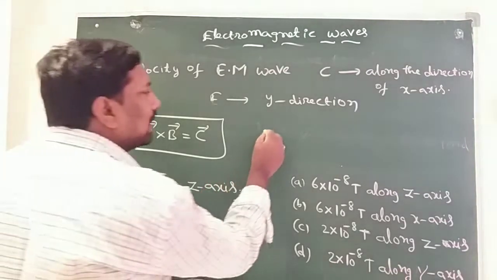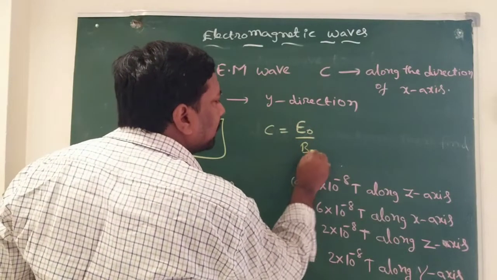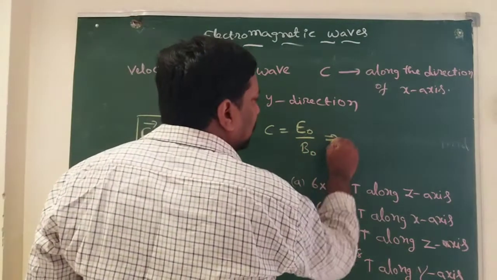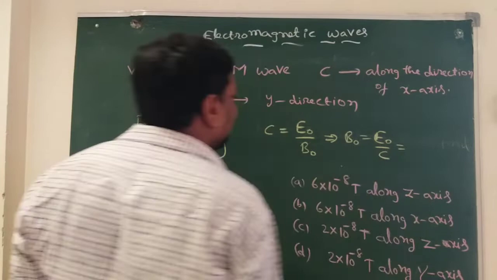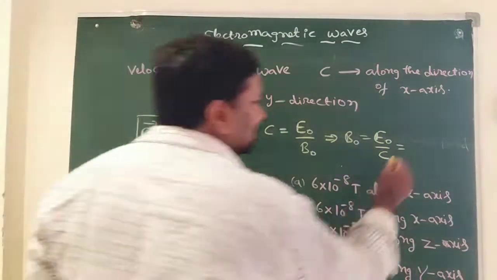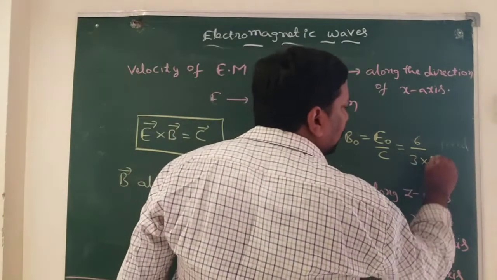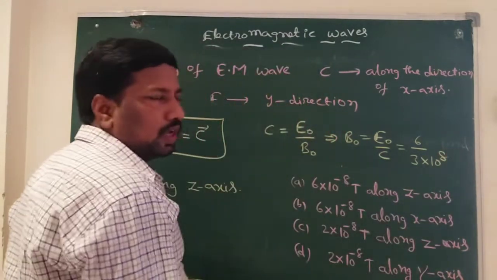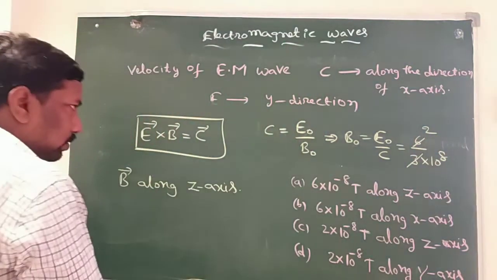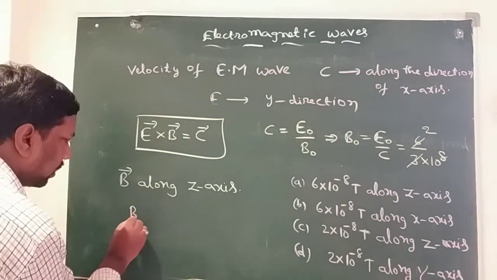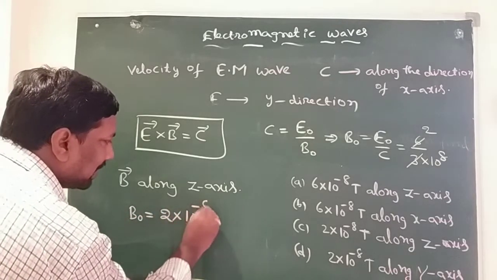You know that C equals E naught by B naught, so B naught equals E naught by C. Here E naught is 6 and C is 3 into 10 power 8. So the 3 cancels, and B naught is equal to 2 into 10 power minus 8.